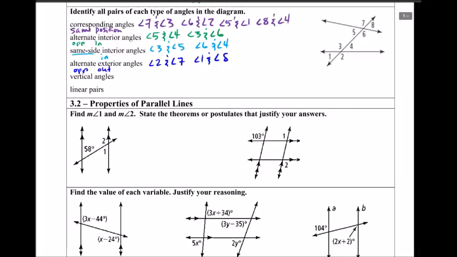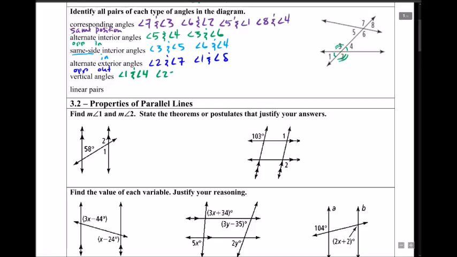And then we are asked, oh, hey, we are familiar with these, vertical angles. We know our vertical angles. Some old friends of ours. They are where two lines intersect. Anytime we have two lines intersecting. So we know that vertical angles are there, angle 1 and angle 4, and also the other set right there.